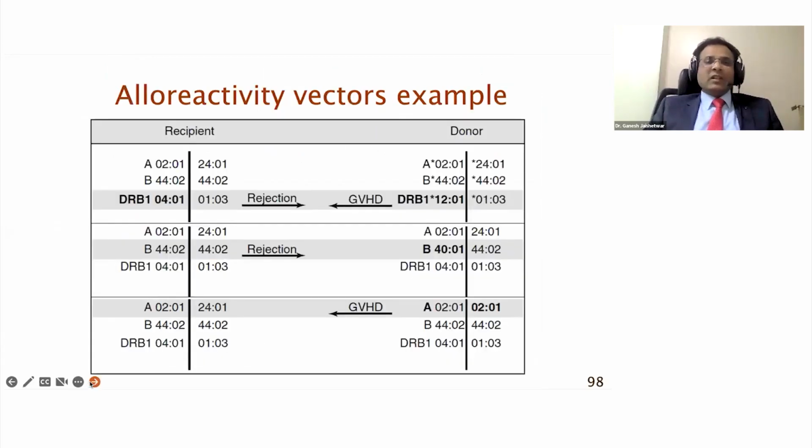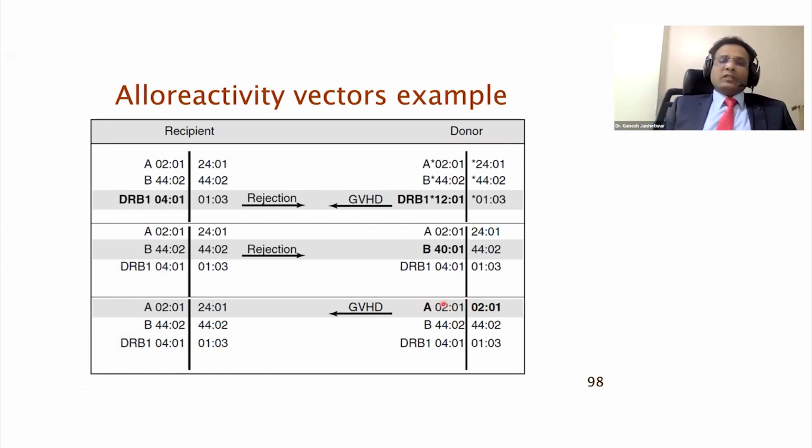I'll skip this. And this is important with regard to alloreactivity in mismatch transplants. I'll just highlight here. If the donor is homozygous for one particular locus and the recipient is heterozygous at that locus, the reaction is toward the GVHD direction.